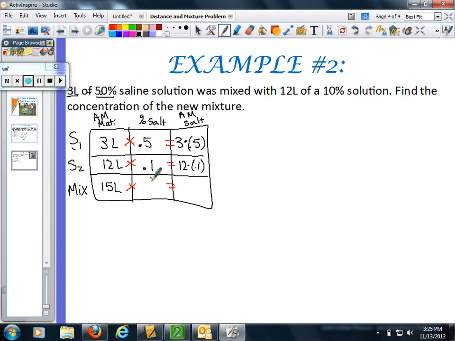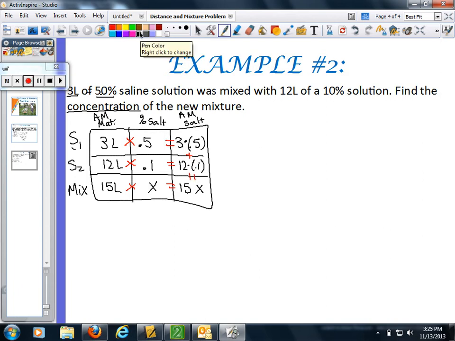The percentage, this is what I don't know. This is what they're asking for, the concentration. So this is going to be X. Now this one here, this is where we're going to get our problem. So I'm going to do the same thing, 15 times X. Now, for our actual problem, it is this plus this equals this.